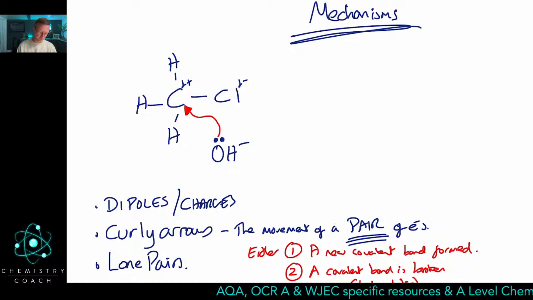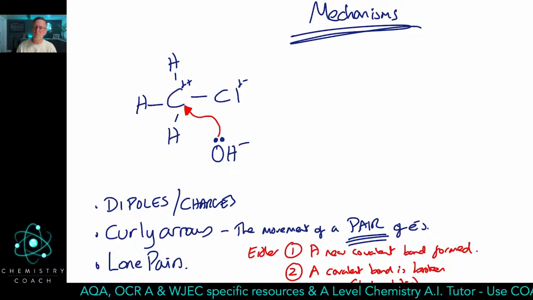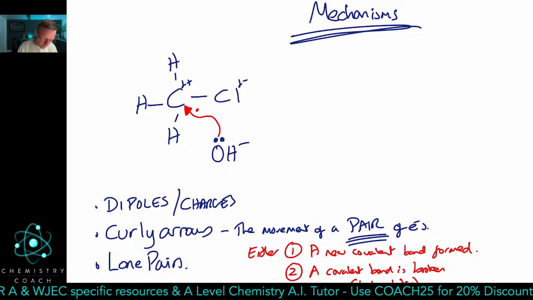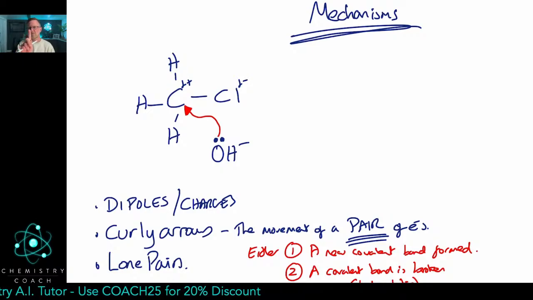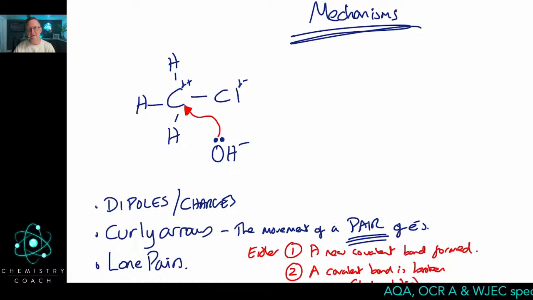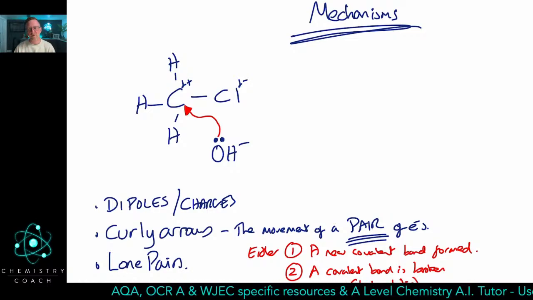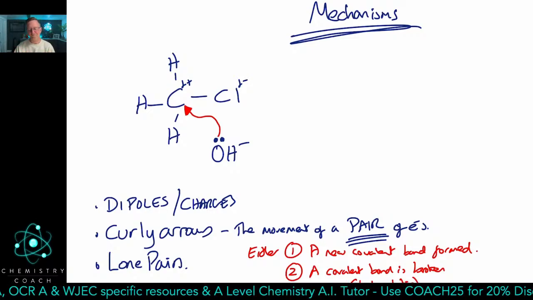But the story goes, well, carbon now, technically, because I formed a new bond here, has 5 bonds around it. That can't happen. Carbon's only got room for 4 single covalent bonds, or 4 electron pairs around it. It's in group 4, so that's the maximum number of covalent bonds it can form. So something's got to give.